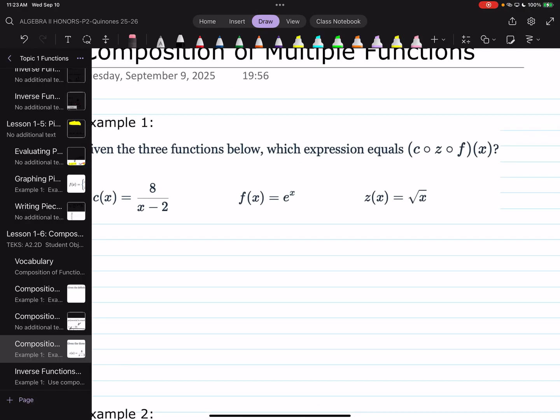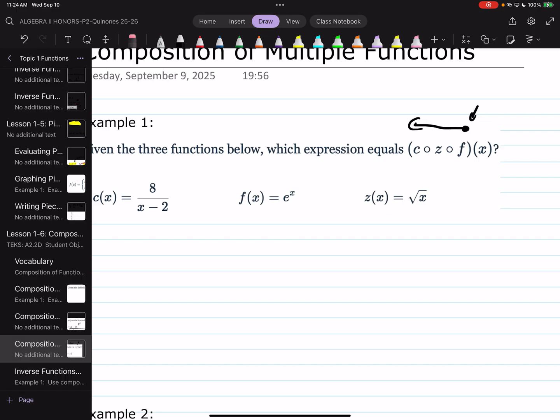Which one goes first according to this composition of functions? Which one goes first? It's not C. It's F. You start with the right furthest, and then go this direction, so here first, then all the way towards the left.